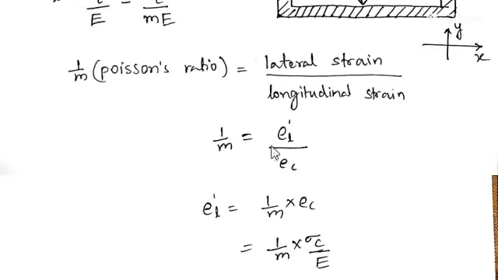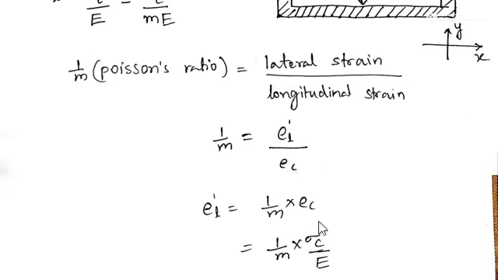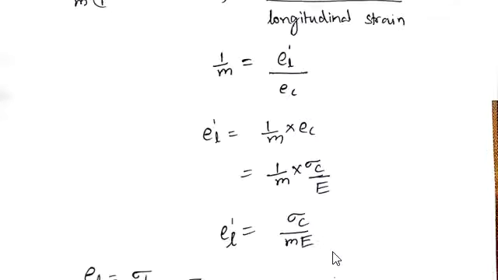So if you just write the equation for EL dash, that is the longitudinal strain because of this circumferential stress, it is 1 by m into EC, circumferential strain, and this circumferential strain we can write as circumferential stress by Young's modulus. If we simplify or rearrange the terms, we can write EL dash is sigma c by mE.